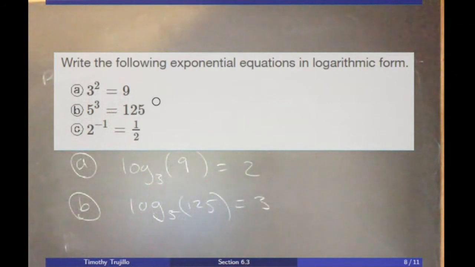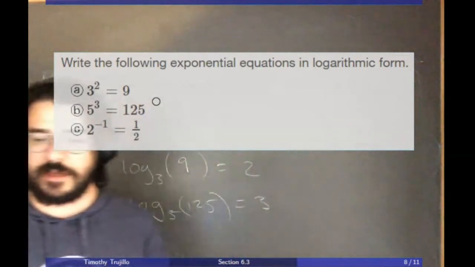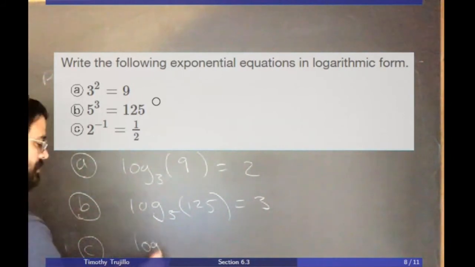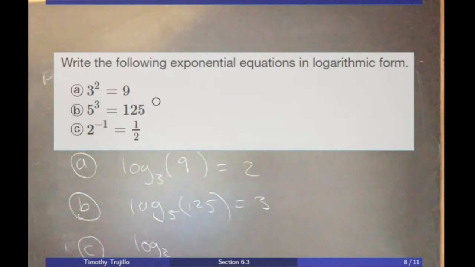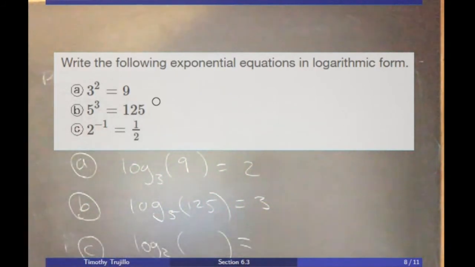We don't even really have to think about evaluating anything. It's just a matter of going back and forth between the two. This is the exercise on the homework. But it'll get a little more complicated, and we'll see that showing up in a moment. And then the last one, C, I'll let you guys write that one in the chat as well. This is the log base 2. And then something goes in the parentheses, and something is on the right-hand side of the equation.